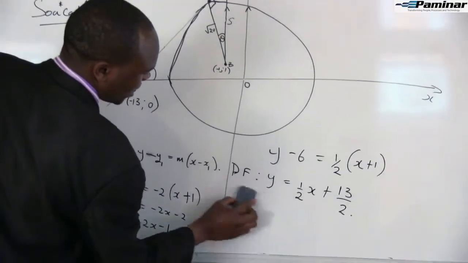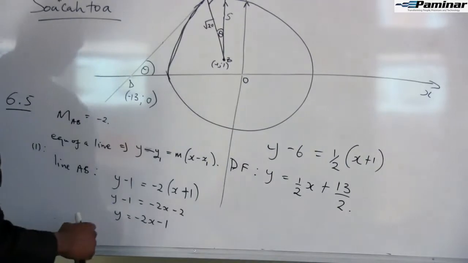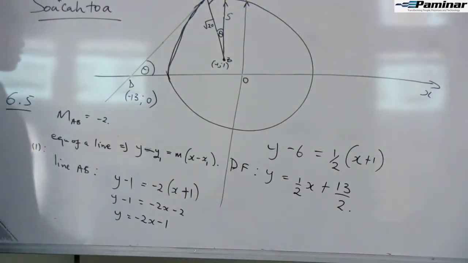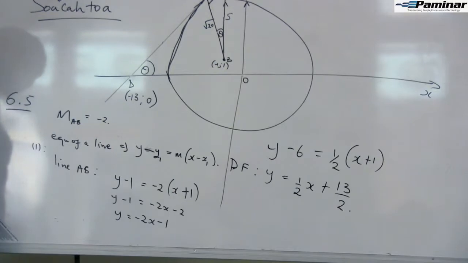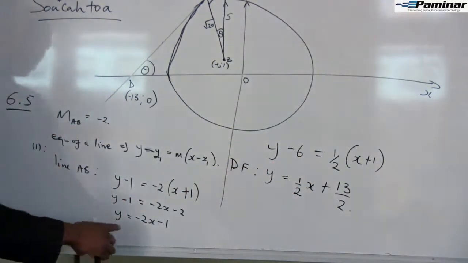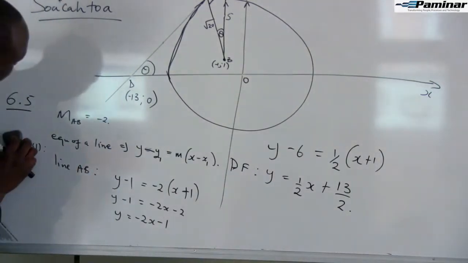this one here. Now to get the point at A, we just equate these two equations and get the x value and the y value. That's what we do. Okay, so now let's erase this, and we're going to remain with this one and this one. Keep that in mind, and then we'll continue from there.